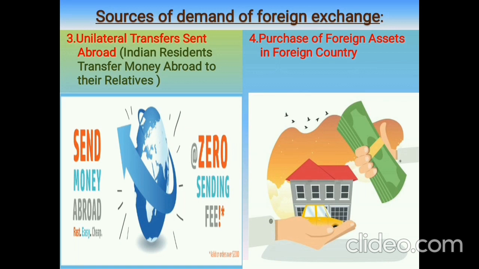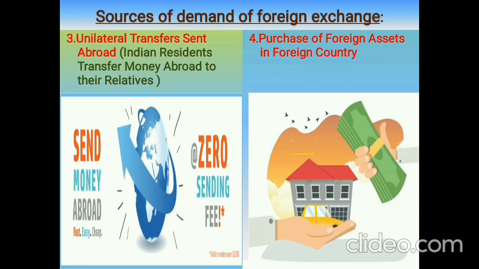Fourth, purchase of foreign assets in a foreign country. If we want to purchase some foreign asset in some foreign country, or our Indian companies are willing to invest in foreign countries, we require foreign exchange for that purpose. So we demand foreign exchange for this purpose. The fifth is repayment of loans to foreigners.